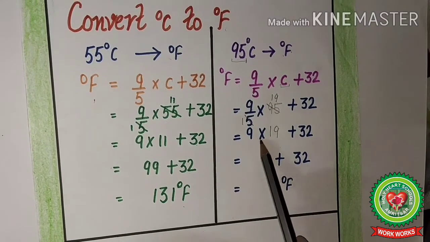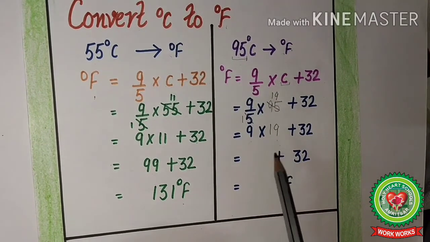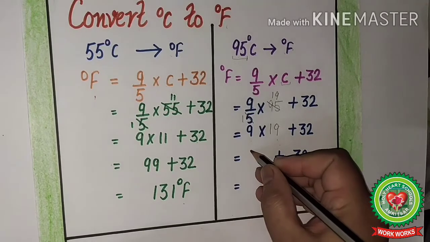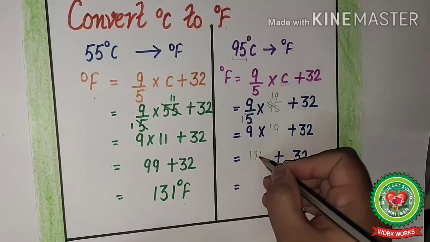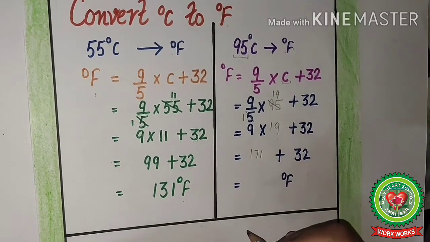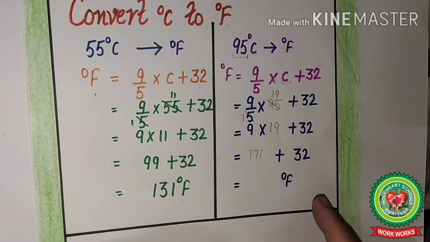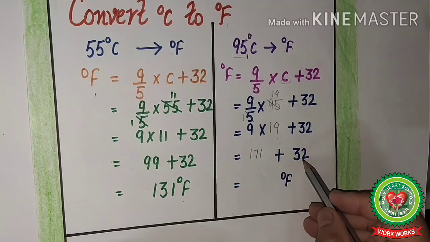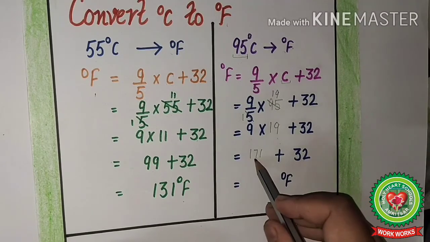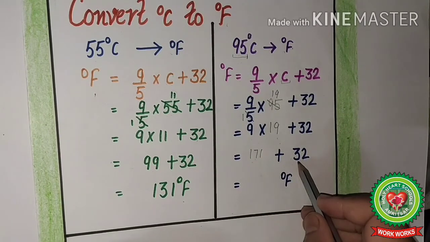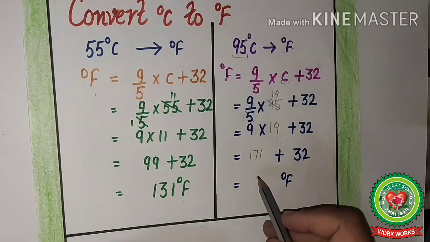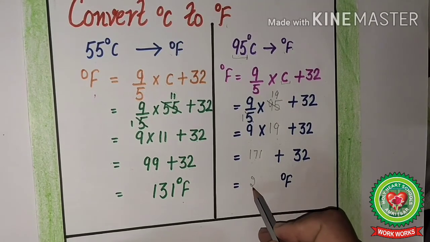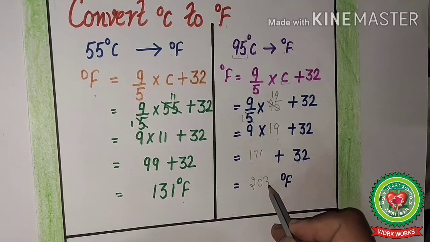So 9 multiplied by 19, that is 171. 9 19s are 171, or 19 9s are 171, plus 32. We add both. So we got 203 Fahrenheit.